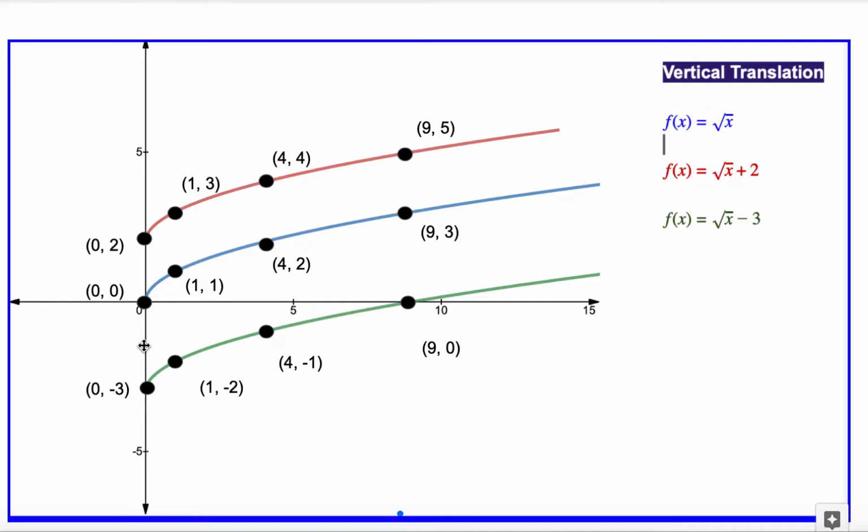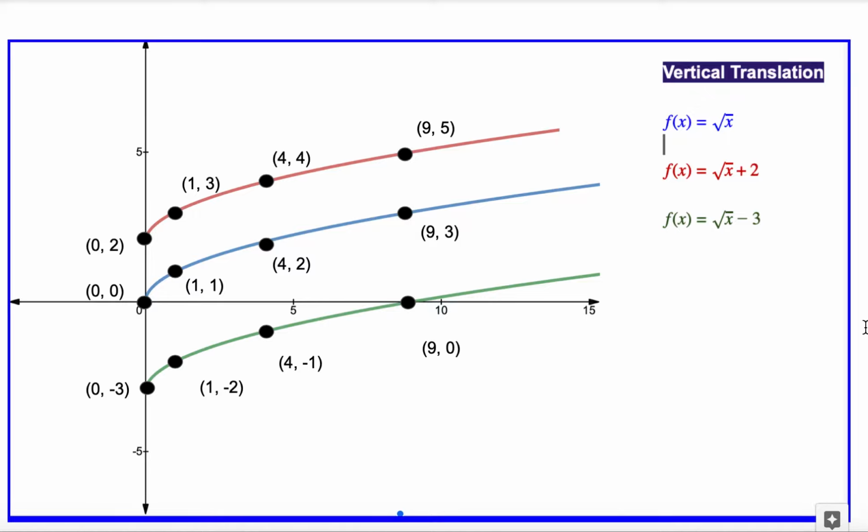And same thing with the green function, because it goes 3 units down. This point changes 3 units down, and this point here changes the y coordinate 3 units down, and here, and here changes 3 units down, and same thing happened with this point.